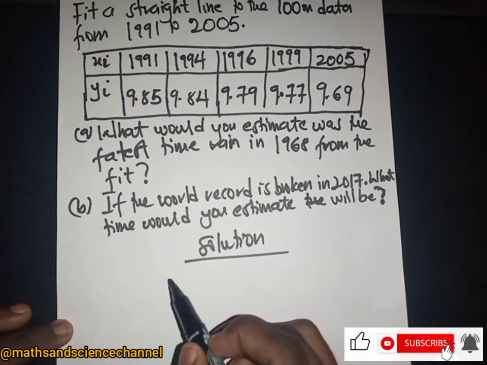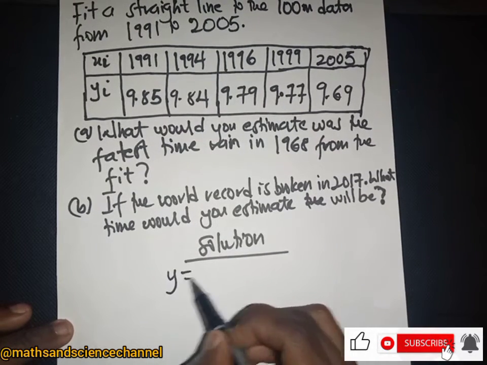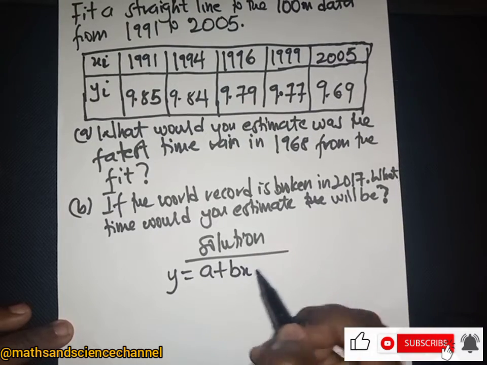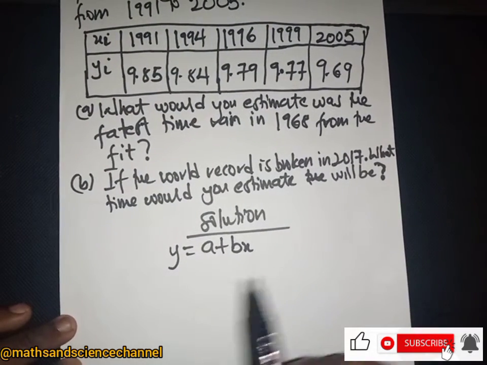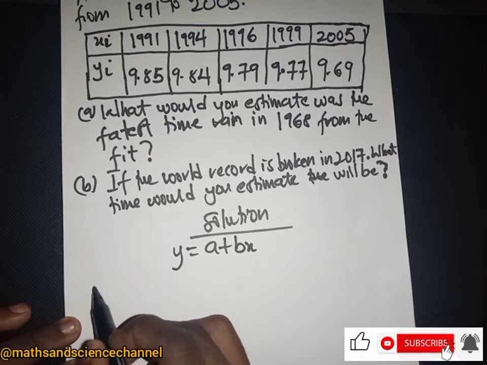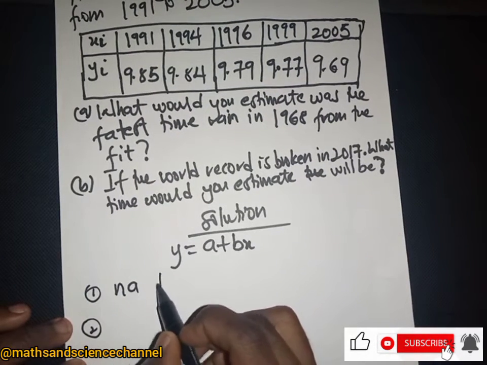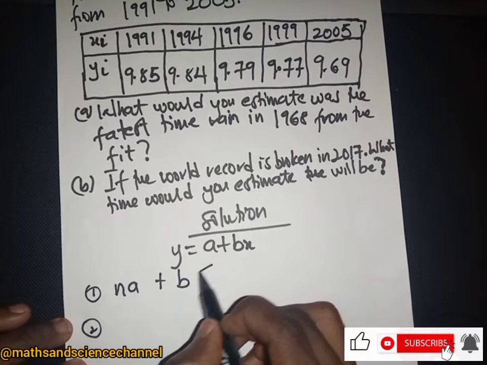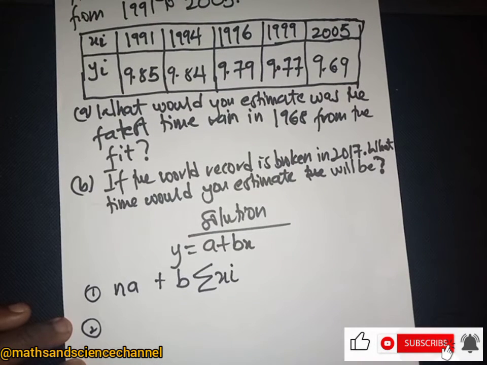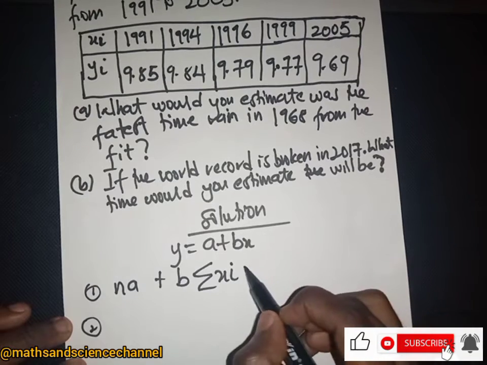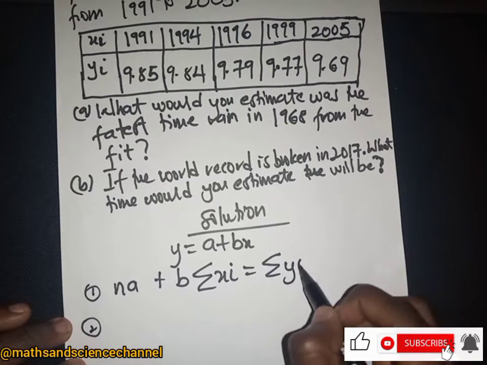And the line of best fit, we know y here is given by a plus bx, right? Now generally it is given by two equations. The first equation is na plus b, which is a constant, multiplied by the summation of all the x values, being equal to the summation of all the y values.